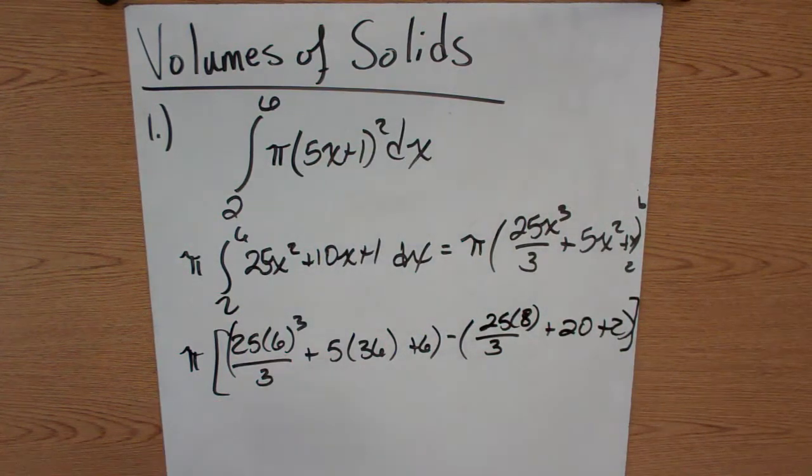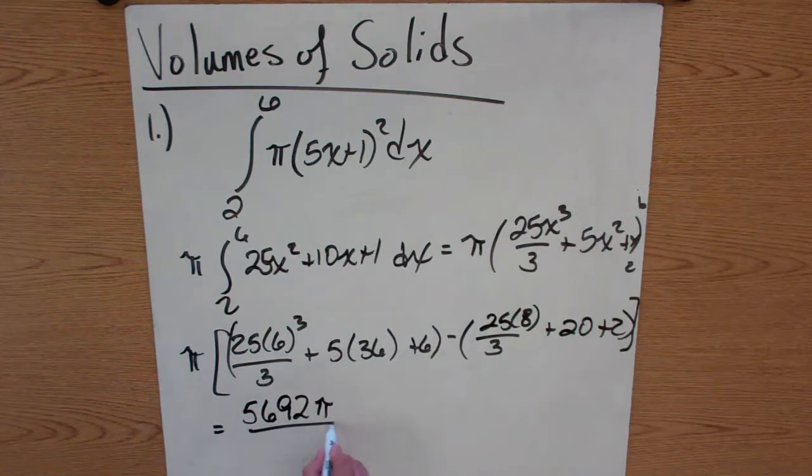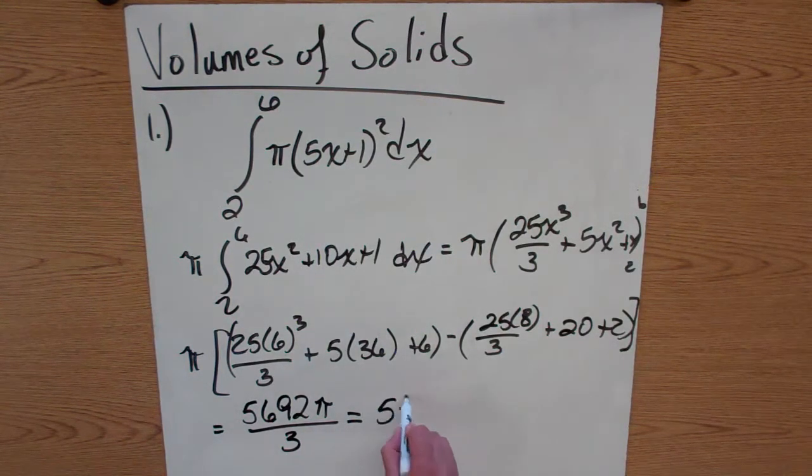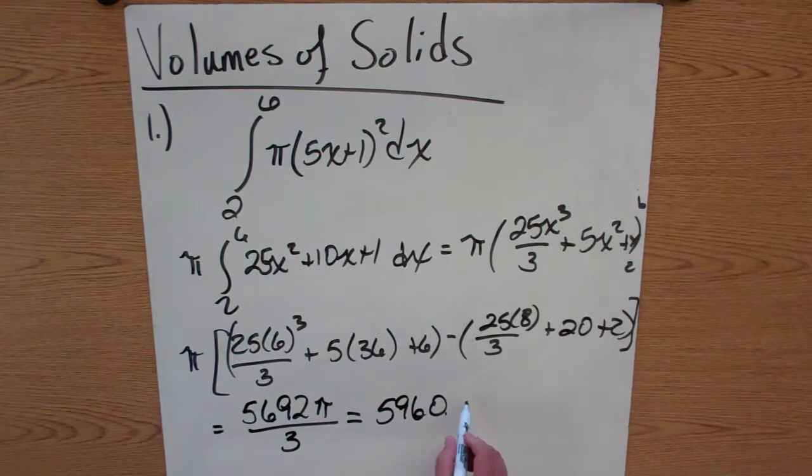And of course, all that's going to be multiplied by pi. So your answer is going to come out to 5,692 pi divided by 3, or as a decimal, which I would take either answer, would be 5,960.65. Alright, so that's number one.